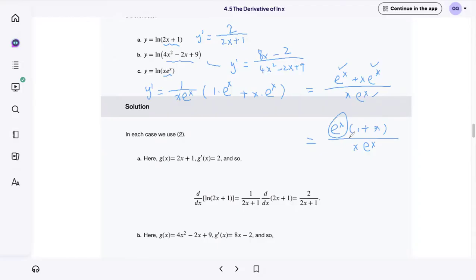Now the common factor in the numerator and denominator becomes 1, something divided by itself becomes 1. So that's 1 plus x divided by x, or 1 over x plus 1. So once we see a product, we have to apply the product rule.